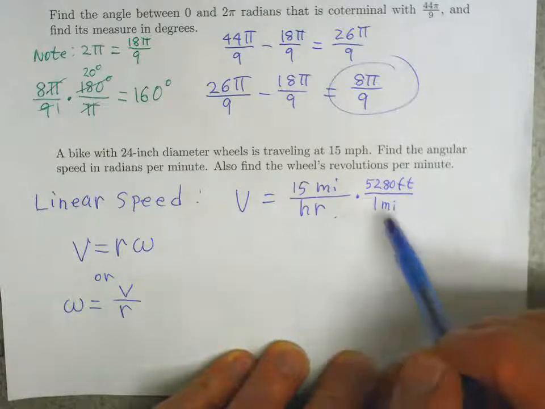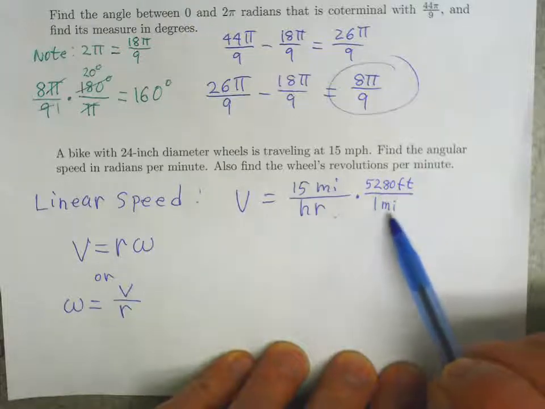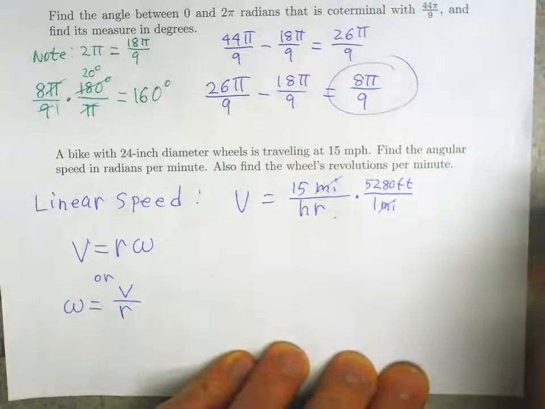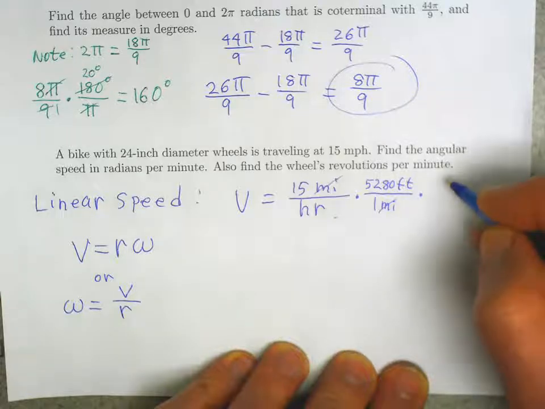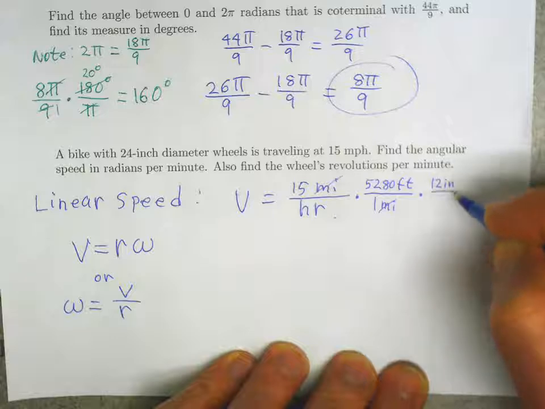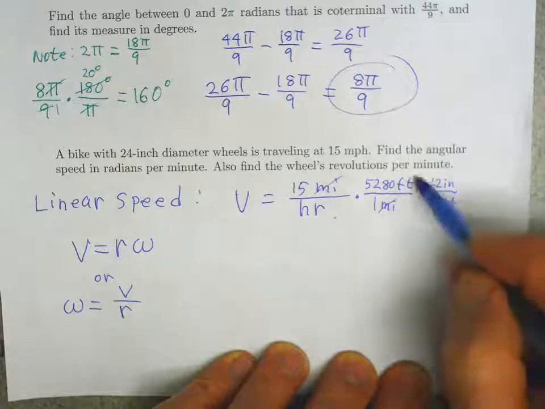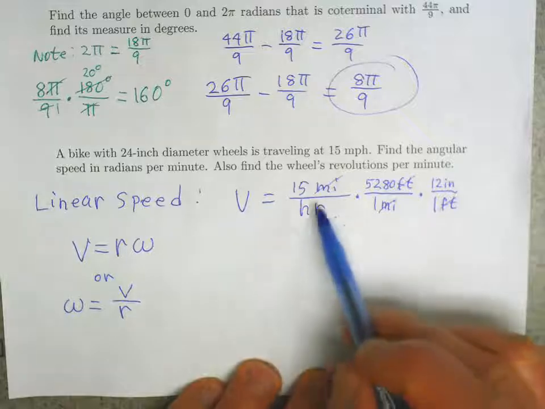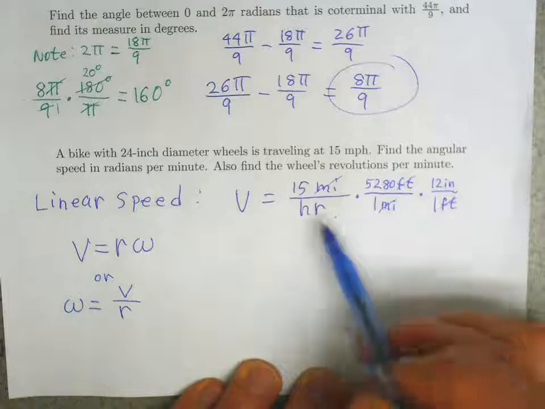And when I multiply 15 miles per hour by 5,280 feet over 1 mile, the miles units cancel. And then we're going to convert feet to inches. So every foot has 12 inches. 12 inches divided by 1 foot. So the feet units cancel. So now I have the velocity measured in inches per hour.